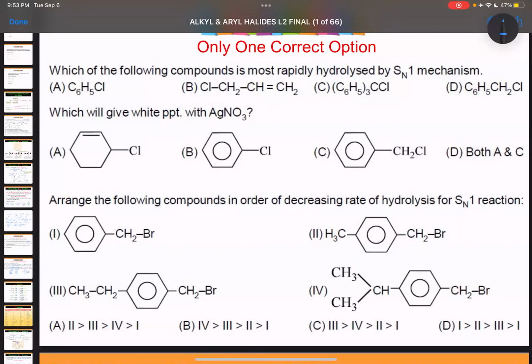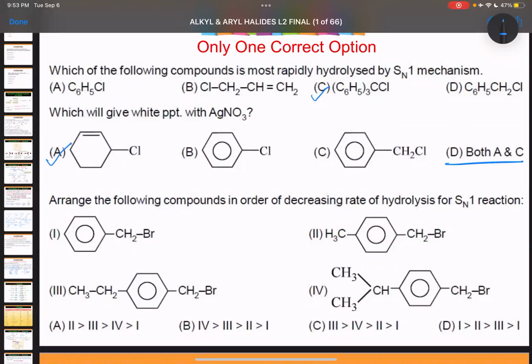So first one is C. First one is C, right? Second one, sir, A. Both A as well as C also.